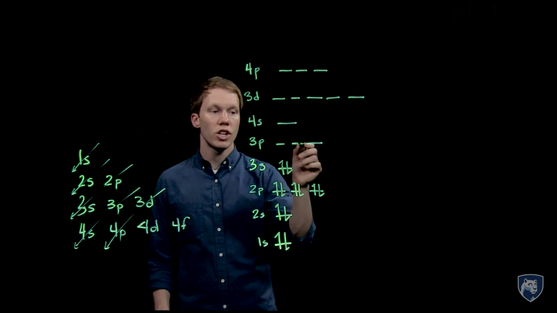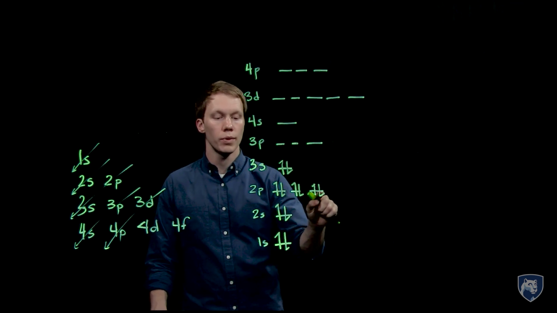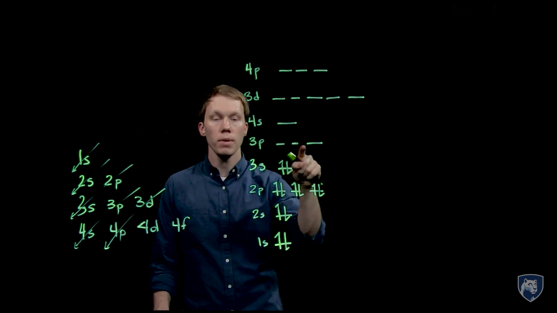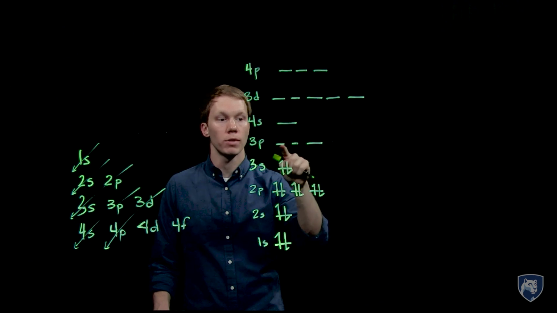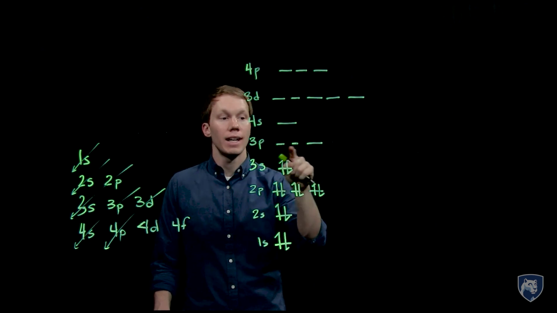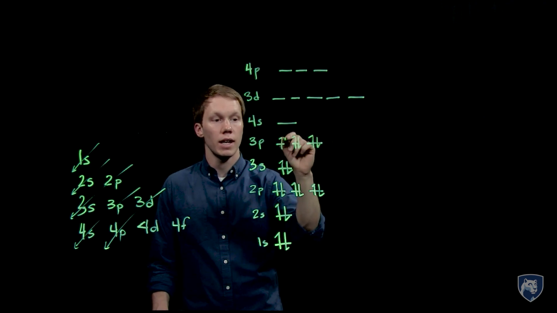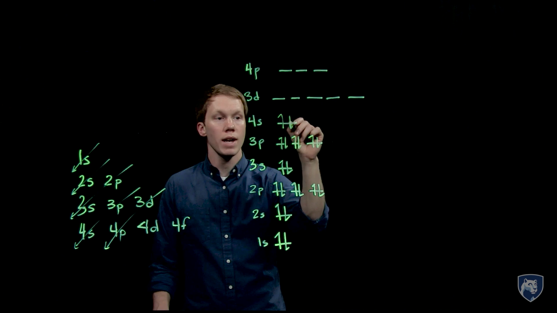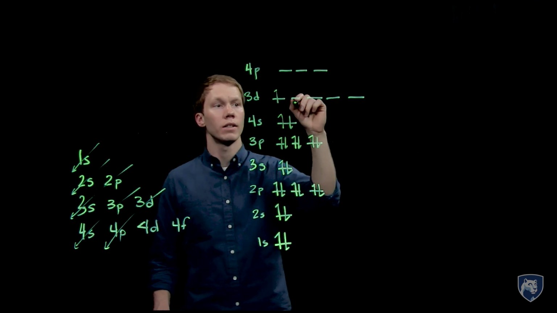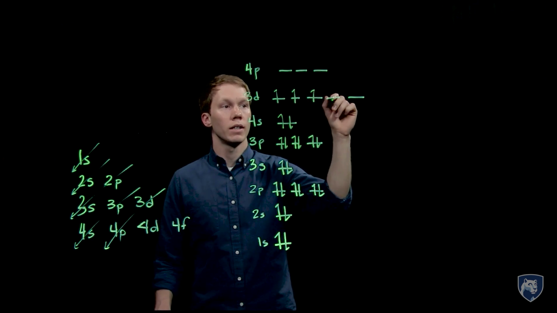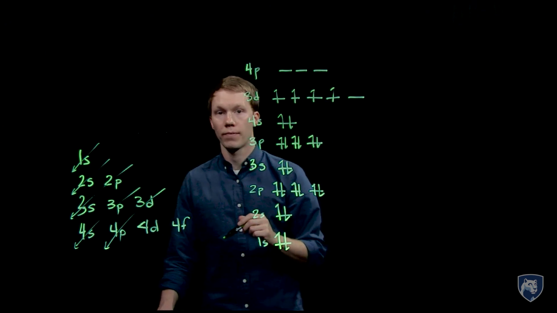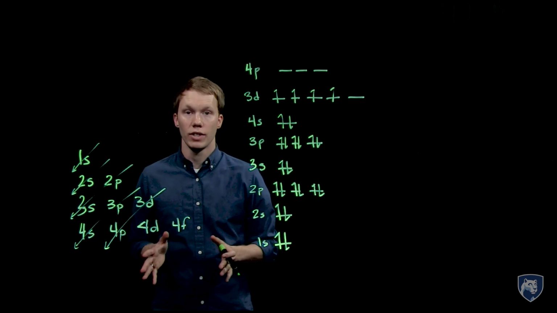When we get to degenerate orbitals like this, and we just went through the 2p series, I can actually put electrons anywhere in these orbitals. Because they are all the same energy, it doesn't matter where I put them. So this could be 13 through 24. Now we have the electron configuration.